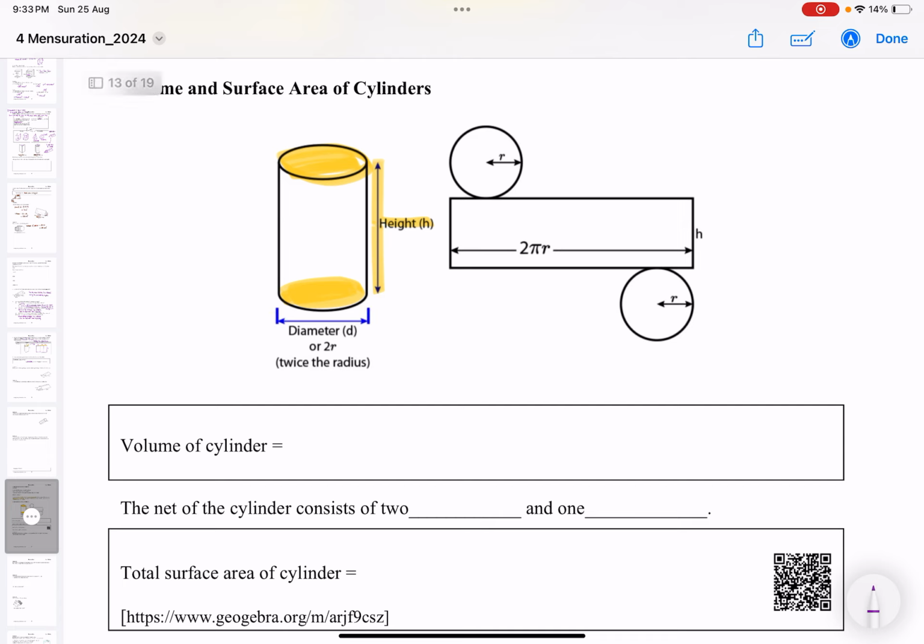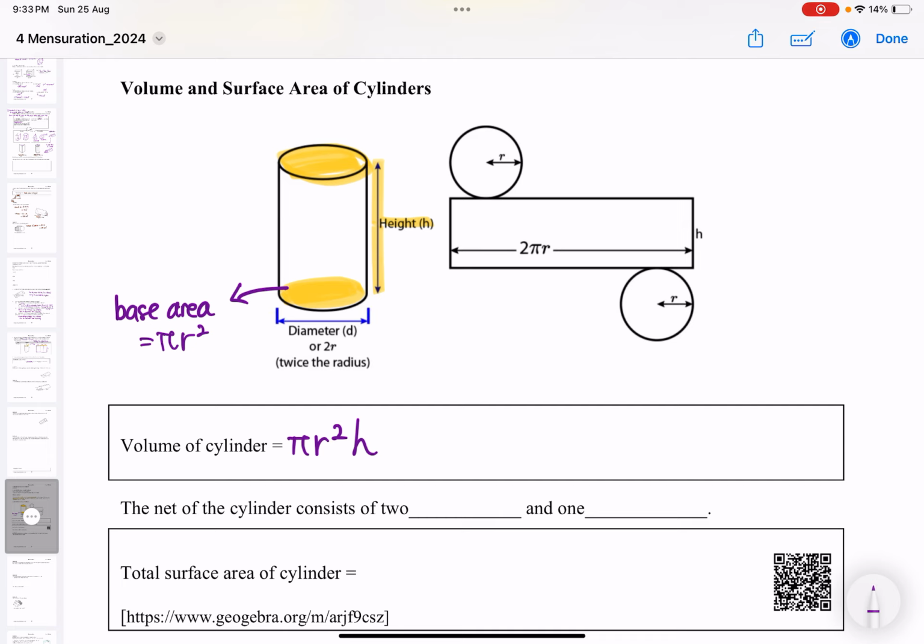However, because we know that the base in this case is definitely a circle, we can recall that the base area of a circle is pi r square, or pi times r times r. So the formula for volume of cylinder is pi r square times h. So in short, pi r square h. That gives us the volume.